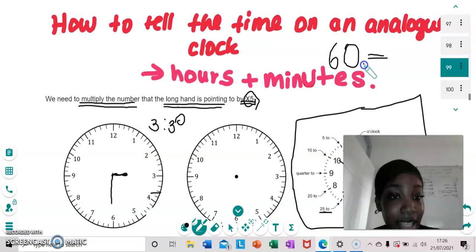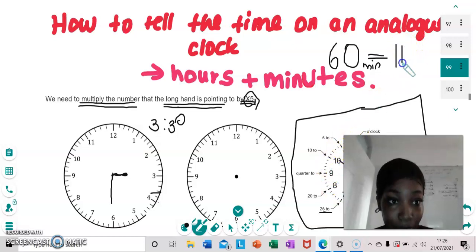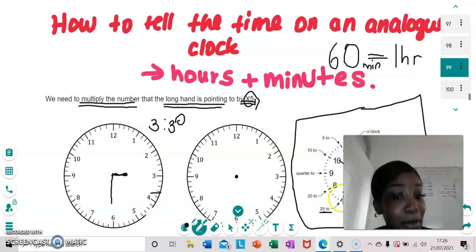So if 35 minutes of the hour have already passed, that means we just have 25 minutes left to go before we get into the next hour, all right? The same concept follows for all of these numbers that are after the 6. So let's move on to some examples together.